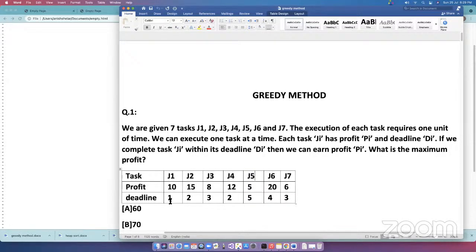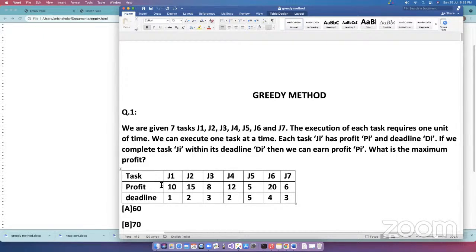But then you see deadline of each job is given. Like they have said that J1, this job must be done within this deadline. Or they have said J5, this job should be done within this deadline, 5. Okay, and you will get this profit 5 only if the job is done within its deadline. If you violate the deadline, you will not get that profit. So they are asking what is the maximum profit.